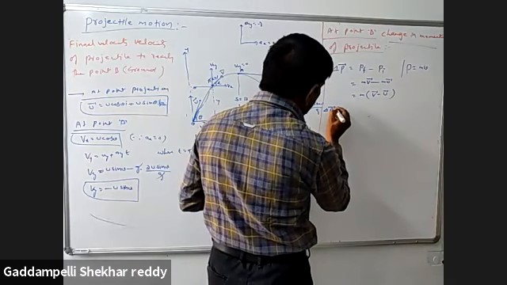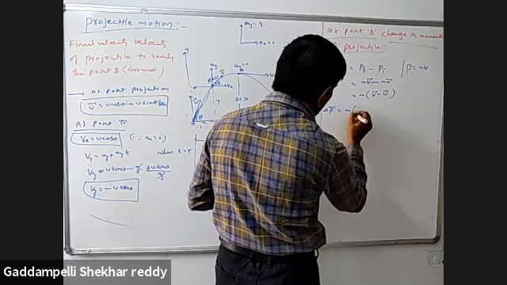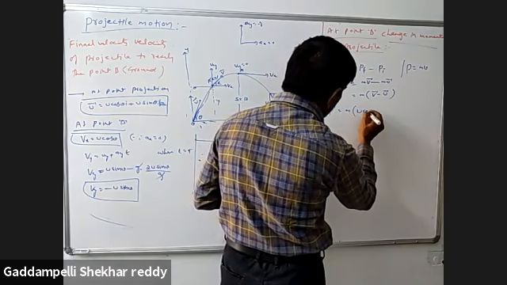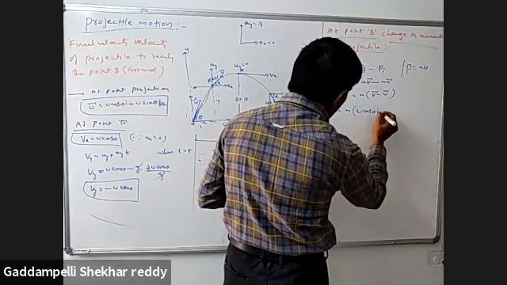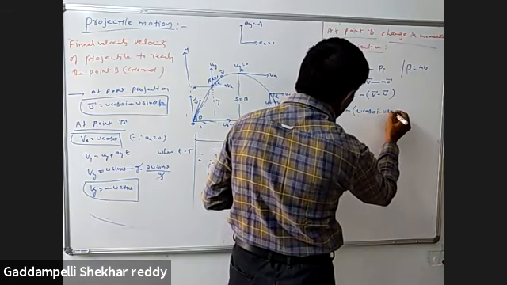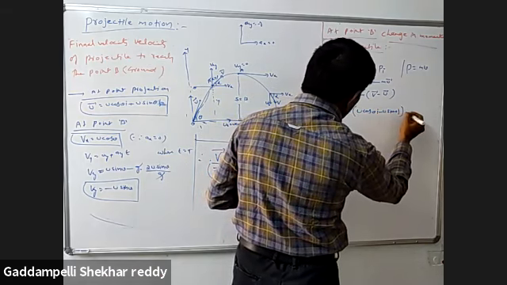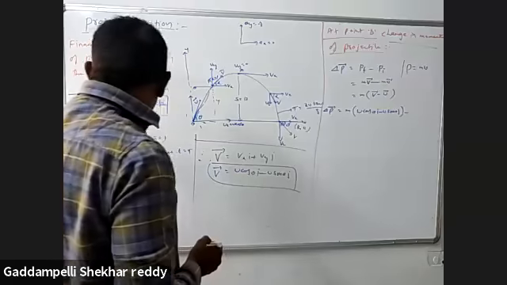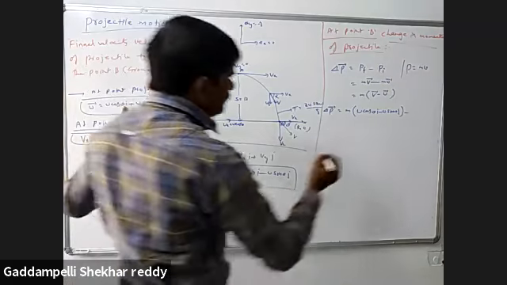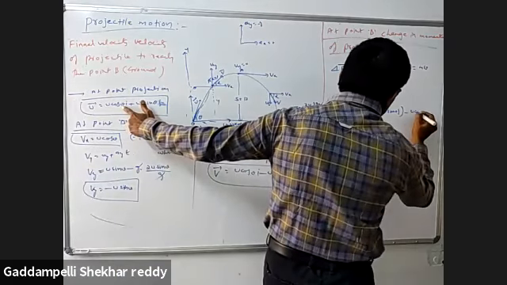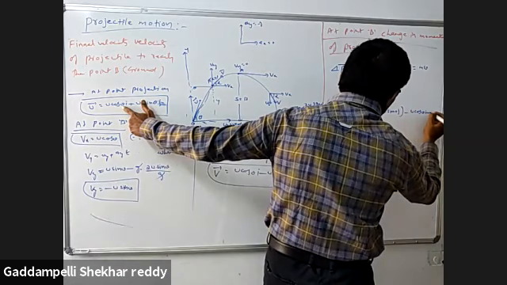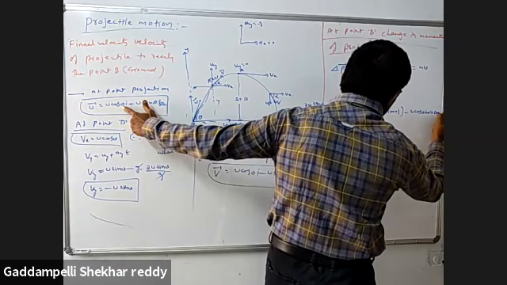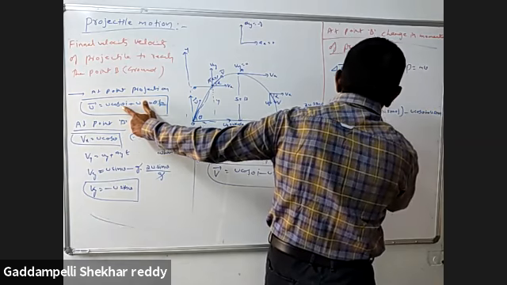Delta p bar is equal to m into final velocity, u cos theta i minus u sin theta j, minus initial velocity. What will we get for initial velocity? u cos theta i plus u sin theta j.